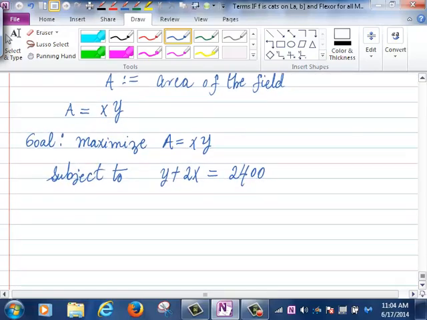Yeah. All I have to do is use the equation y plus 2x equals 2,400, and we can solve for y there, right? So if I solve for y, what do I get? I get 2,400 minus 2x.